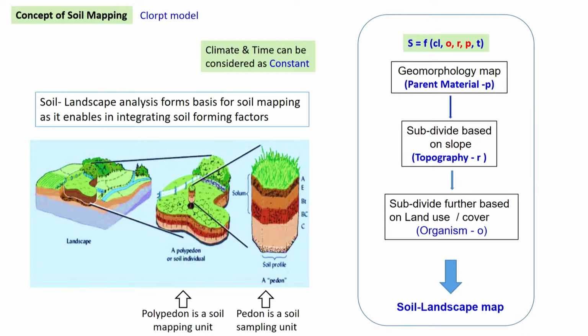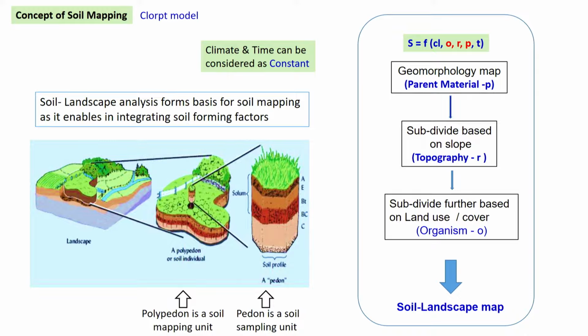So the first factor which is governing the variability of the soil is your parent material. So first you prepare the geomorphology map, or you get the geomorphology map from any other source. Then this geomorphology map is further divided, each unit based on topography or slope.